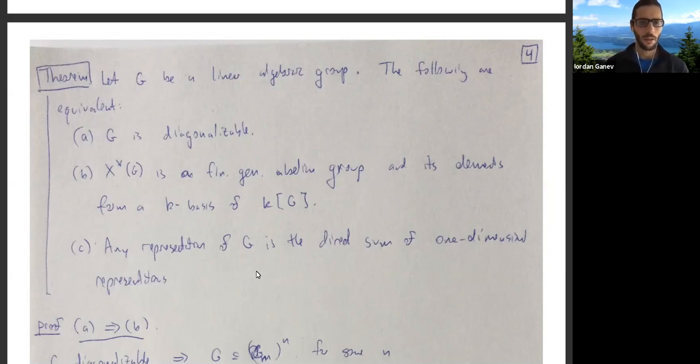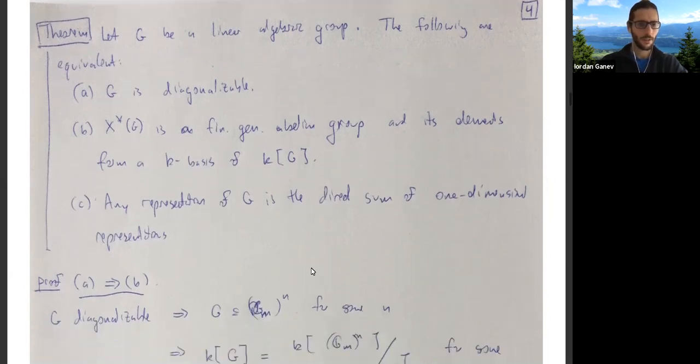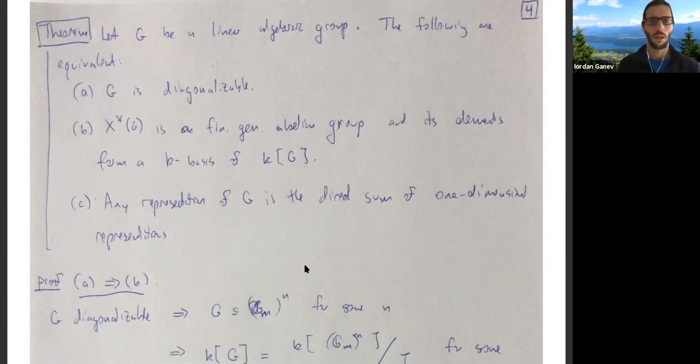And that's equivalent to saying that any representation of G is a direct sum of one-dimensional representations. As we saw, there were some additional facts I needed to prove this theorem. There's this theorem of Dedekind that the characters form a linearly independent set inside the vector space of all functions from G to the field.